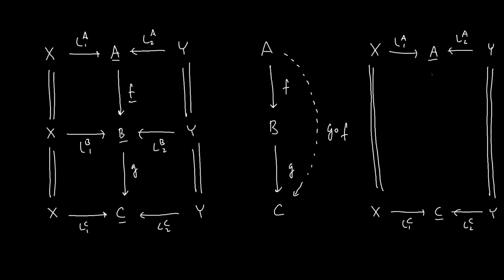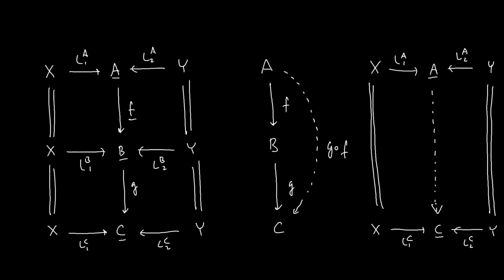I'm looking for something here from A underline to C underline. What do you think we should take that to be? I'm trying to define composition in this new category, the category C_XY.